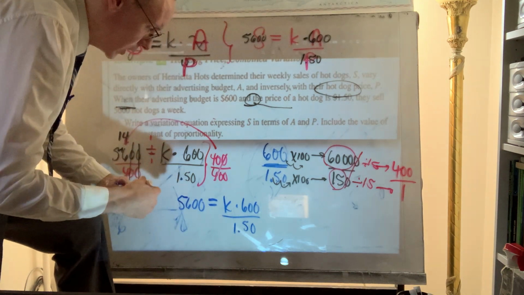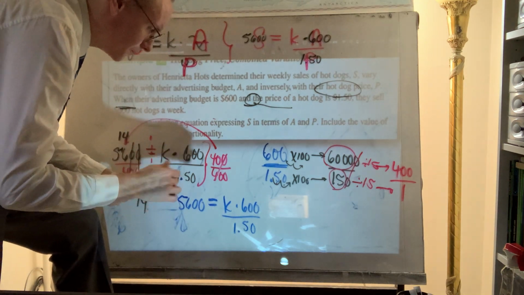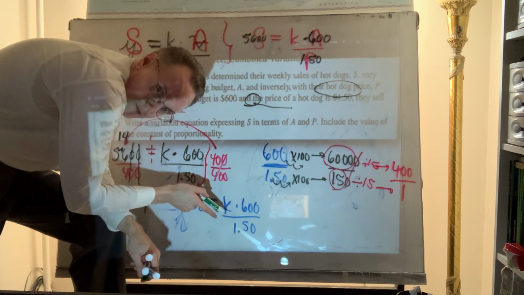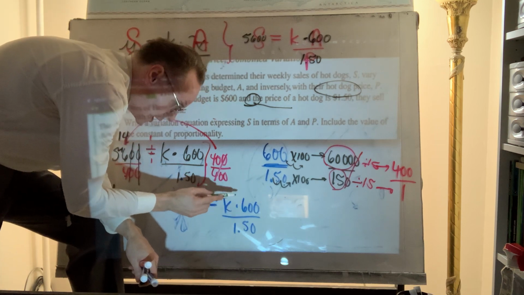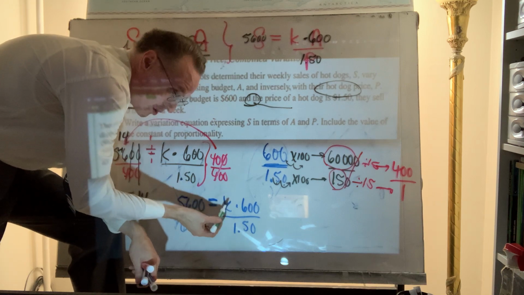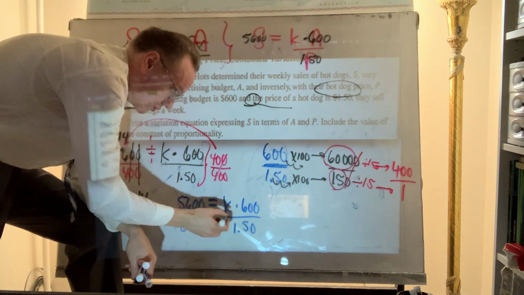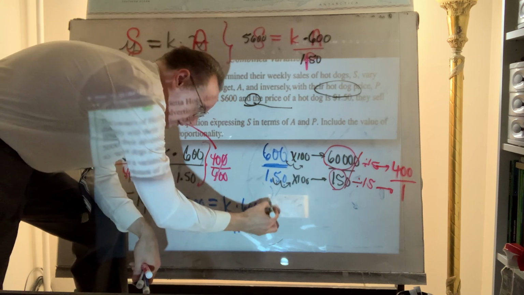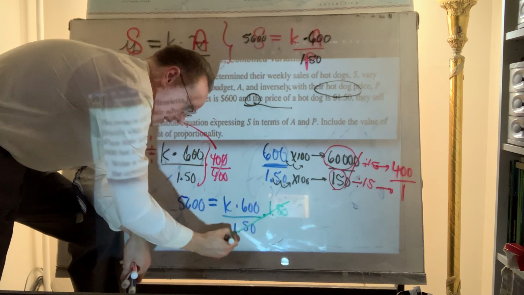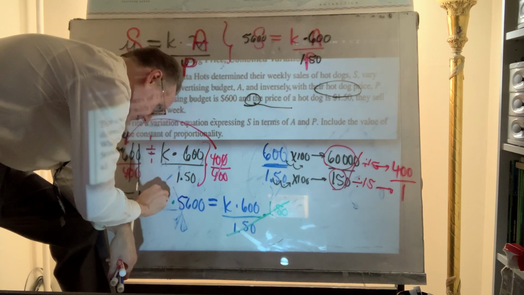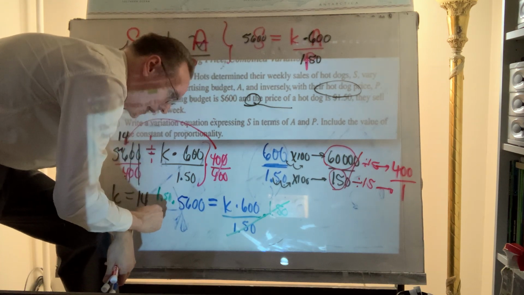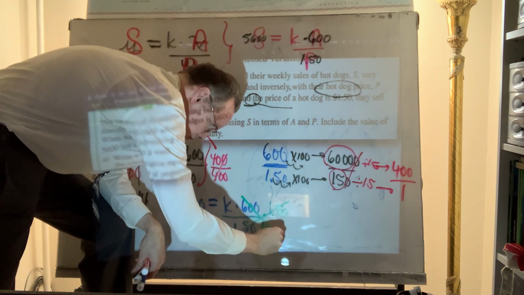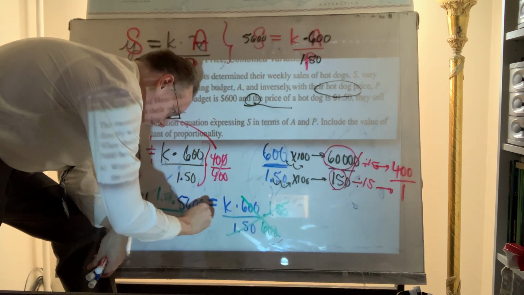What I could do is move each of these parts, the 600 and the 150, one at a time, according to opposite operations. If you wanted to move the 150, multiply by 150 here, these would cancel, and then you would have the same thing over here. Then divide by 600 as an afterthought, these would cancel, and then plop it underneath here.